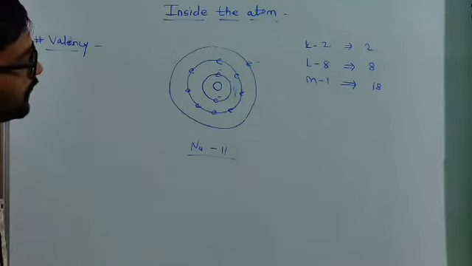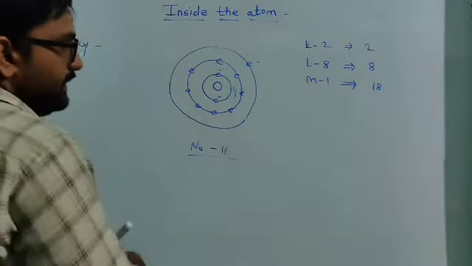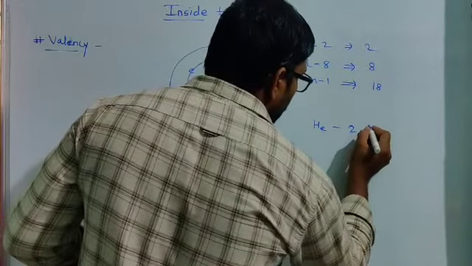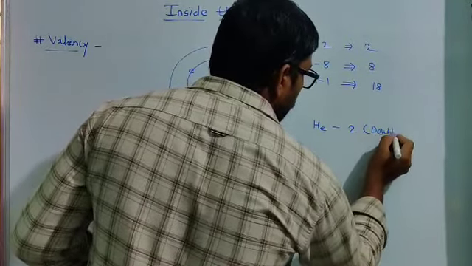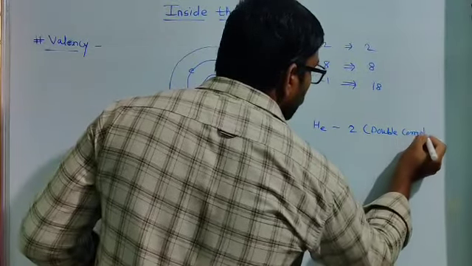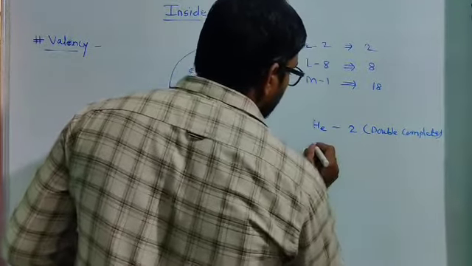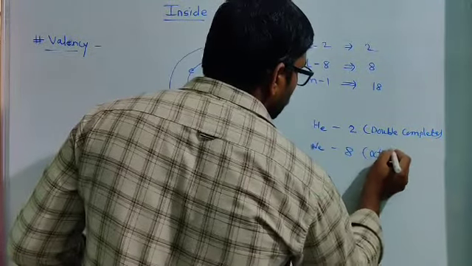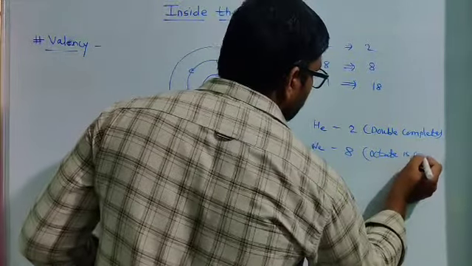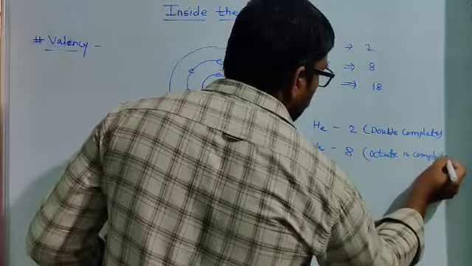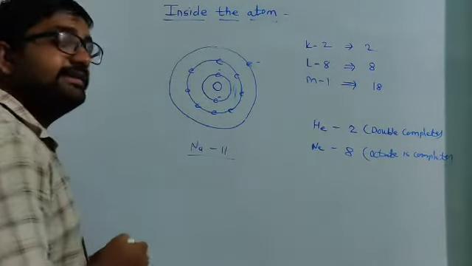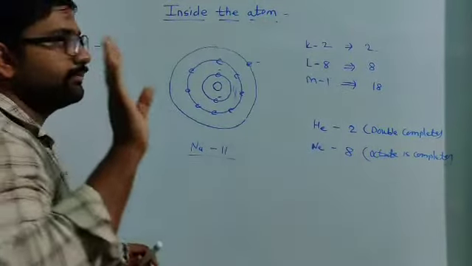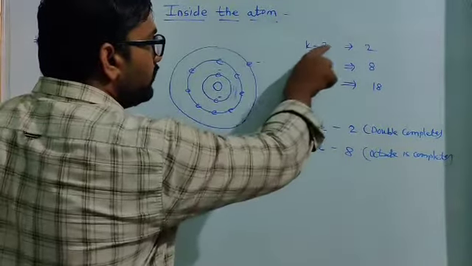So if we study helium and neon, in the helium case the doublet is complete, and in the neon case the octet, 8, is complete. In helium the outermost shell is fulfilled: in the K shell only 2 electrons are there.